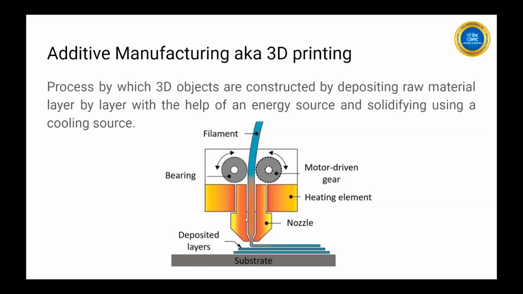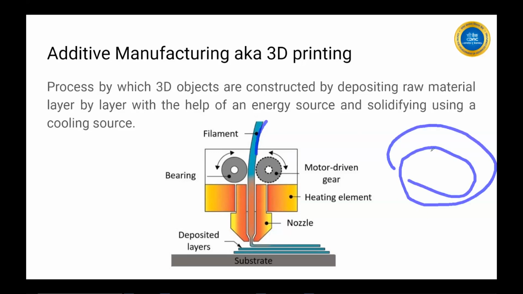Here, the filament will be of wire form, and that filament is heated by a heating element. So if you see, this is the filament, it will be of a wire form, kind of a cartridge, and there will be a heating element where it heats the wire, and the wire is being melted.